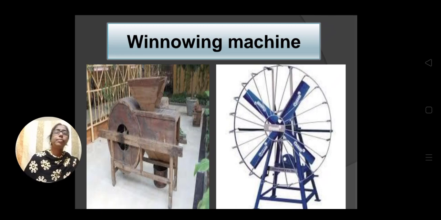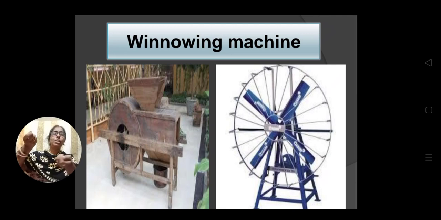And here there is a fan. You can see that this is also a winnowing machine. Here what we have to do is take the mixture of chaff and the seeds in a big flat container or a plate-like structure, and move it like this.